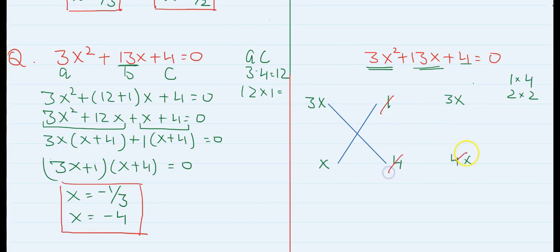We cancel this. Let's have 4 here and 1 here. 3 times 4 is 12x and x times 1 is 1x. So what we are getting here is 12x and just x. So the sum of this will be 12 plus 1 is 13x, and here we have 13x. There is no negative sign, so we can write plus and plus.